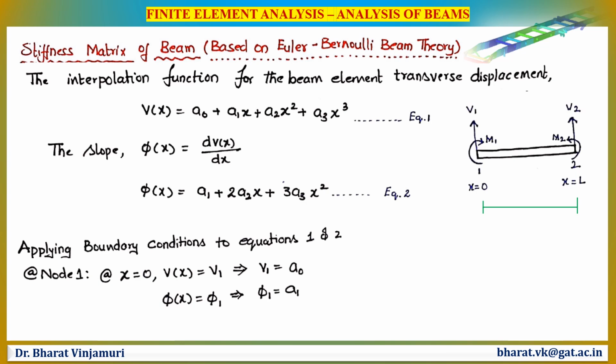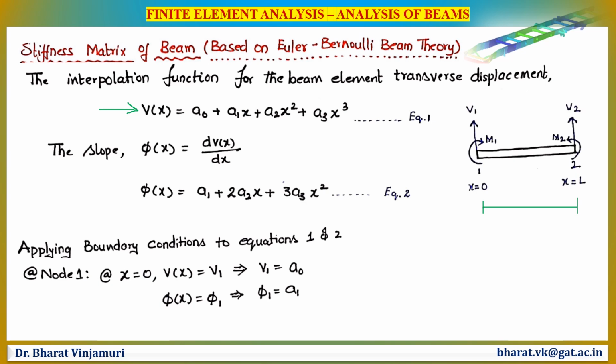A proper interpolation model has to be selected to define as well as to predict the behavior of this beam element. In this case, a cubic equation is selected for the transverse displacement v of x, of the form a0 plus a1x plus a2x square plus a3x cube.